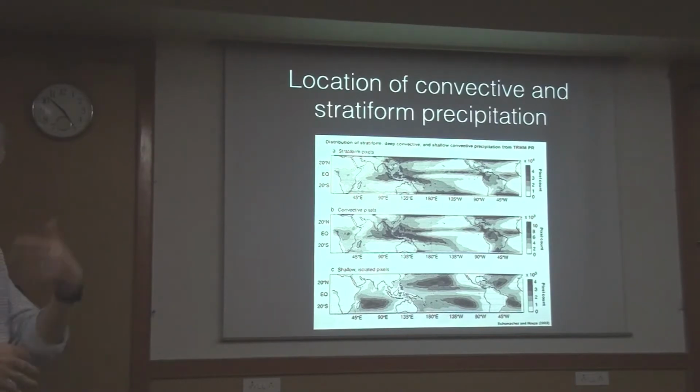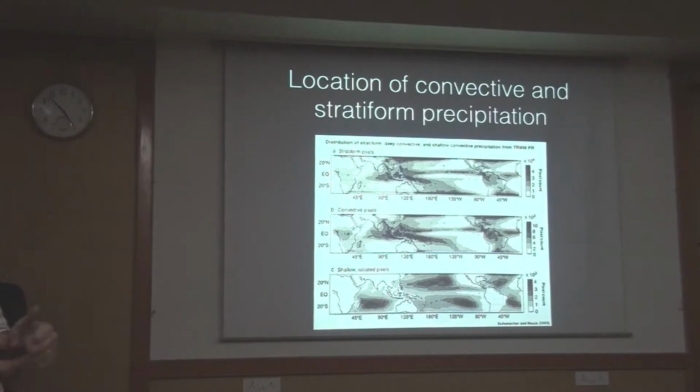Another way to define it is to find structures, of course, squall lines, big anvils, but that's very difficult to do in a global sense from global data sets. You can do that for your favorite radar site, and you can find all the squall lines and stuff. So the most common definition is the relative importance of stratiform rain in the total rain.